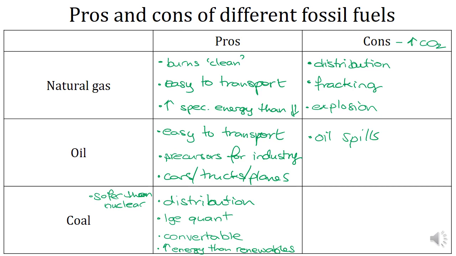One of the cons that these guys have, you might have heard of the term peak oil. One of the cons that these guys have is the actual amounts are limited. We could be running out of gas or oil within the next 50 years.